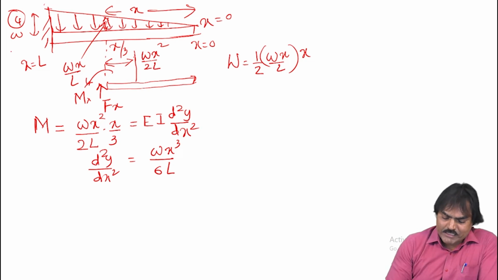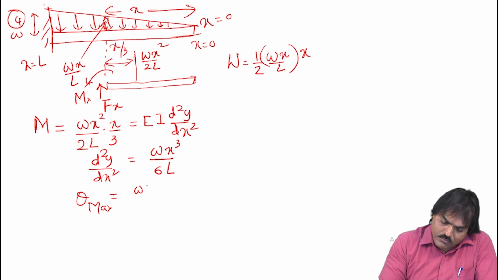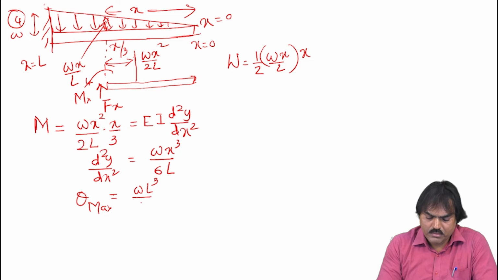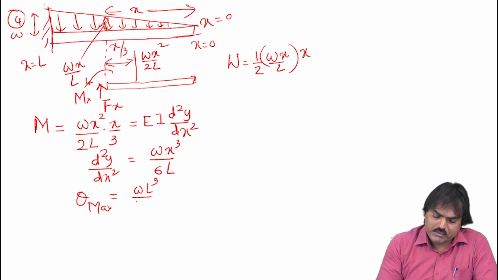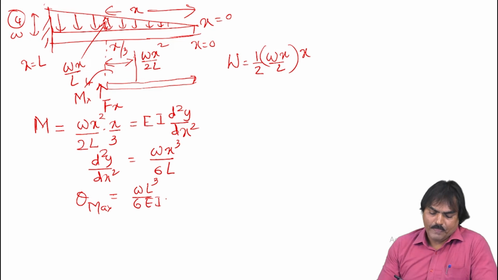If you substitute like that, we will get the maximum slope, theta max, as WL cube by 6 EI, I think I remembered this, please check this.